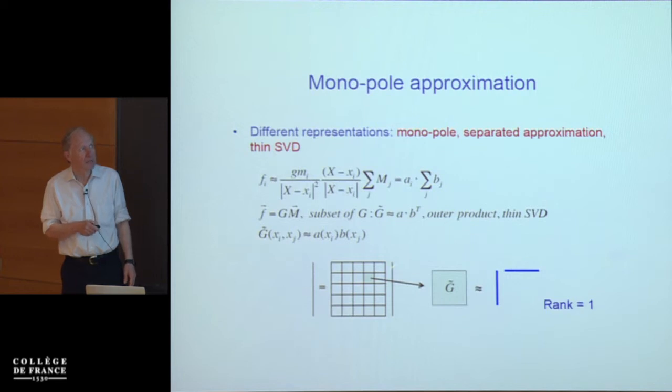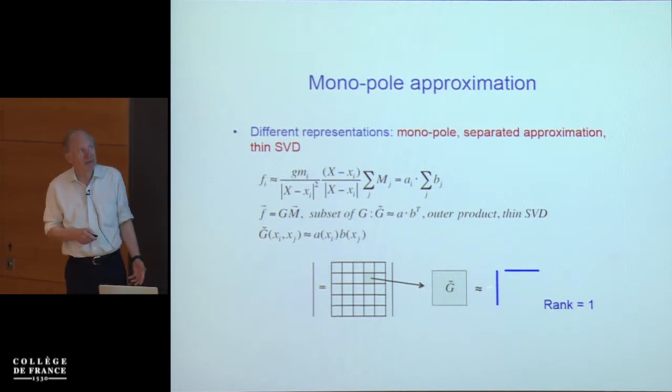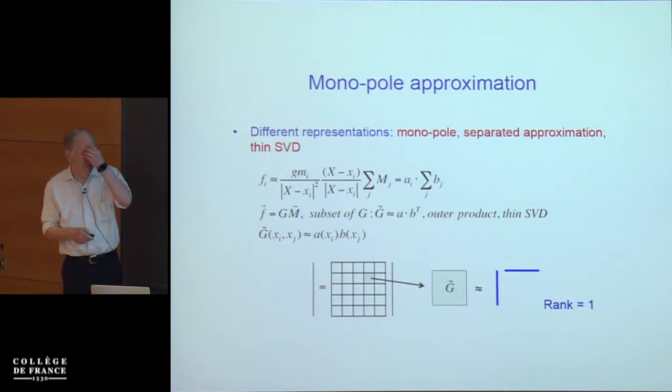Here you have the forces, here you have the masses, and here embedded are the distances. And that can then be written in this particular form, and that's just an outer product. So it's a rank 1 thing, so it's very fast to multiply with this matrix. It's just one vector, and then you take the other vector. So this is order n, even if you have an n vector, instead of n squared if you would do that fully.